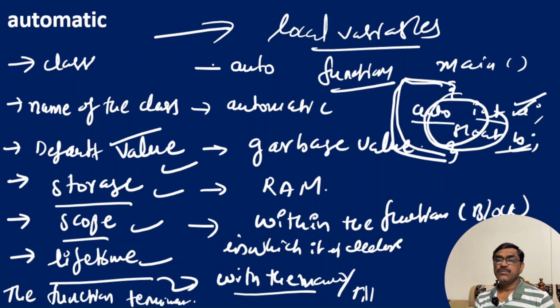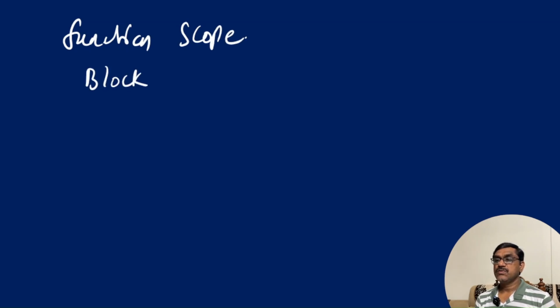Now, scopes can be divided into three types. The first one is function scope, the second one is block scope, and the third one is program scope.